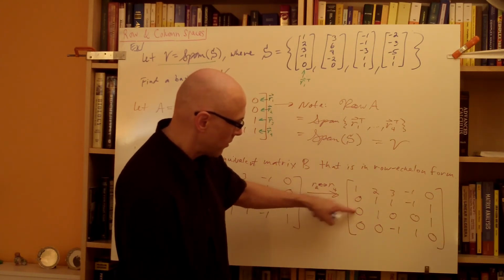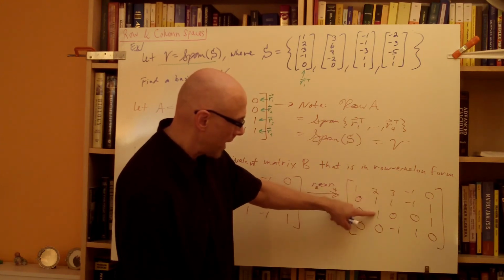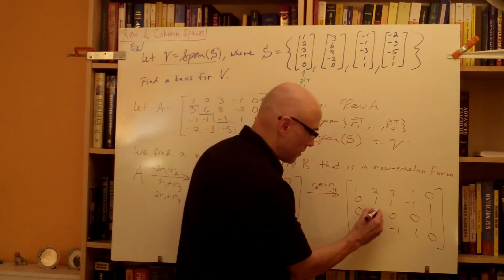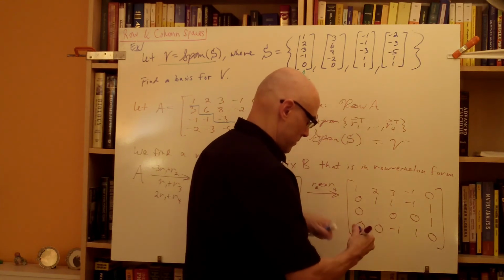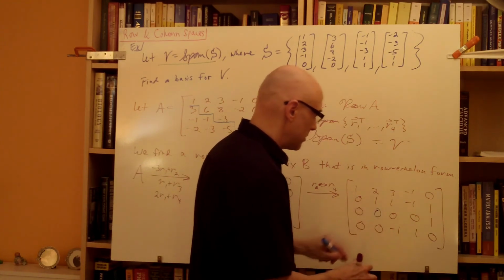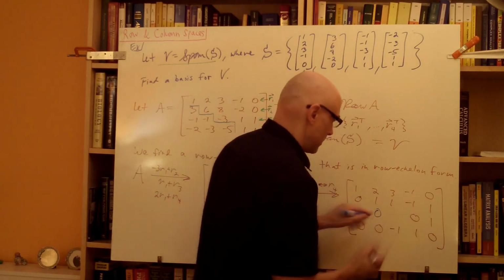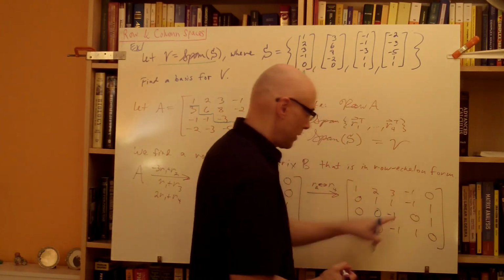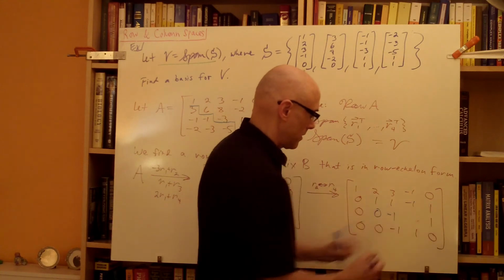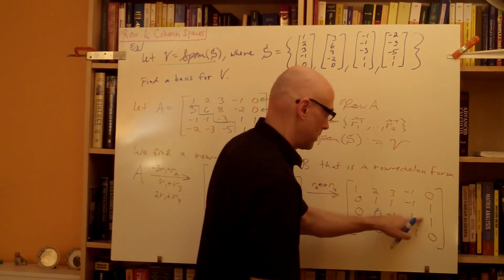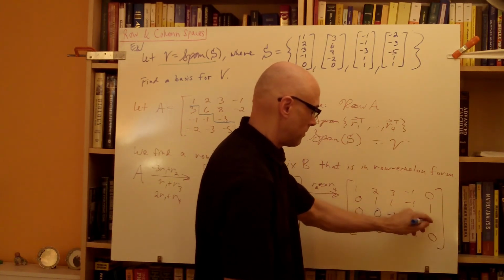That keeps this 0. This -1 adds to 1 gives you a 0. And then -1 add to 0 gives you a -1. That becomes a 1 there. And then that's a 0.